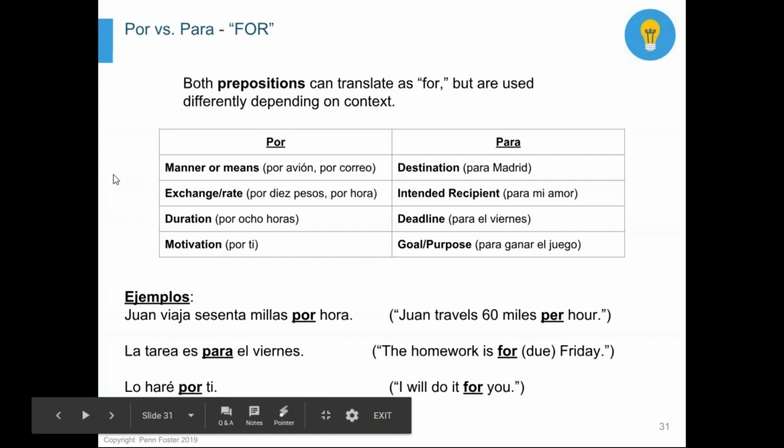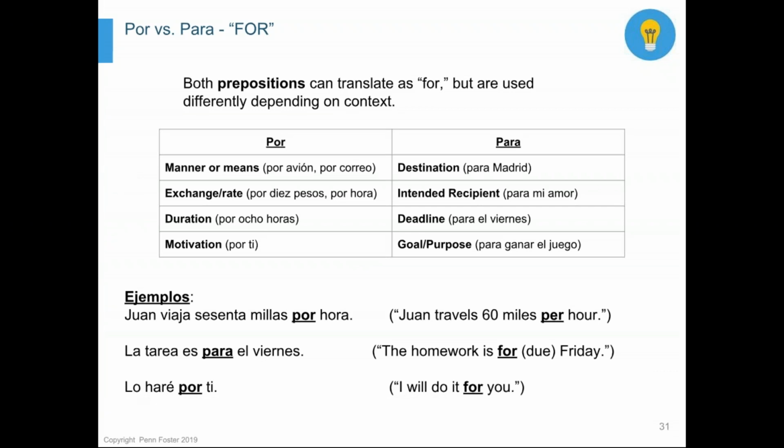And if something was done with a certain person as the motivation, as in that last example on the bottom left, if I will do something for you, you are the motivation for me doing whatever that favor or task might be. So there are 4 very specific uses for por in Spanish.